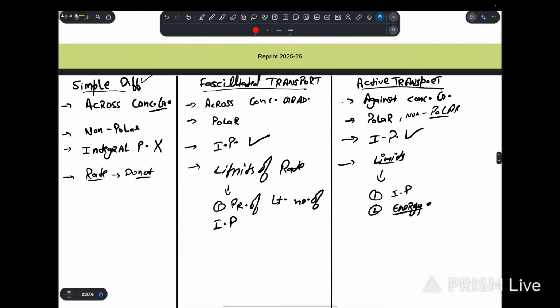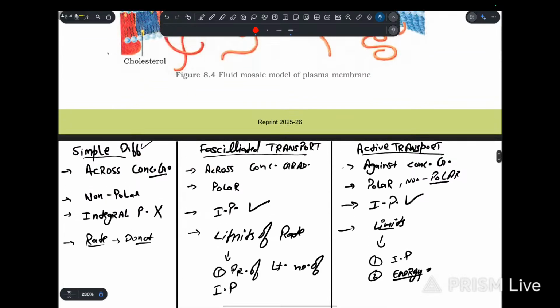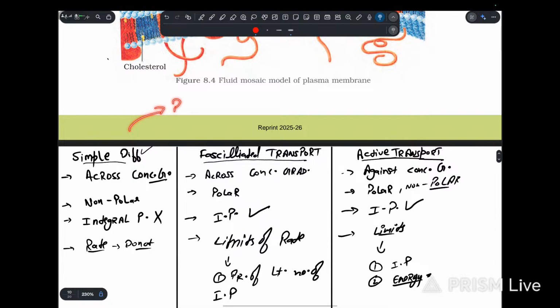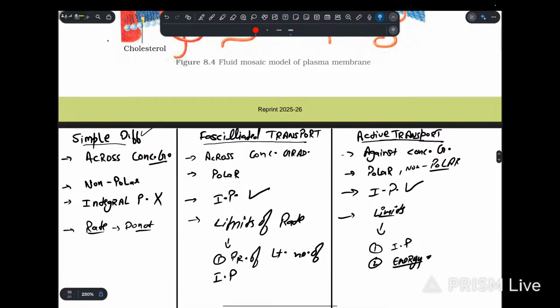And when we talk about active transport, it requires energy. These two are examples of passive transport, but this is active transport. Active transport requires energy for its transport from one part to another part.